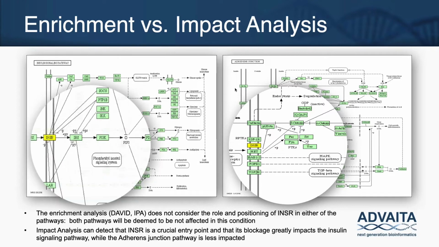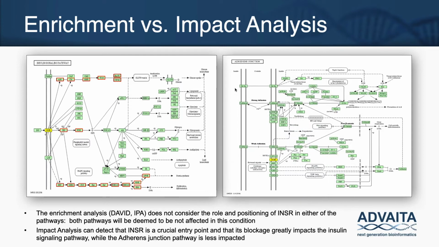On the other hand, in the insulin signaling pathway, you can clearly see that there are several genes directly downstream of the insulin signaling receptor and other genes directly downstream of them. So you can predict that there will be changes in several of the pathway genes just based on a change in the insulin signaling receptor.